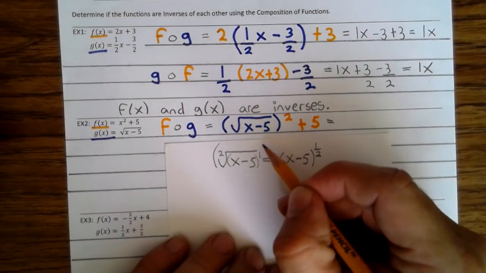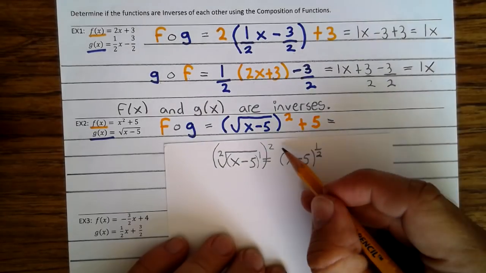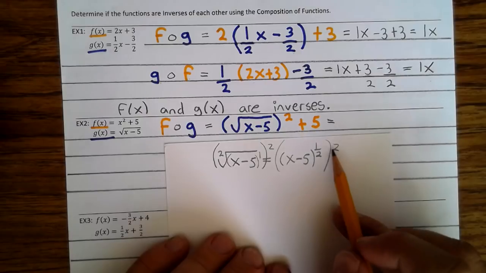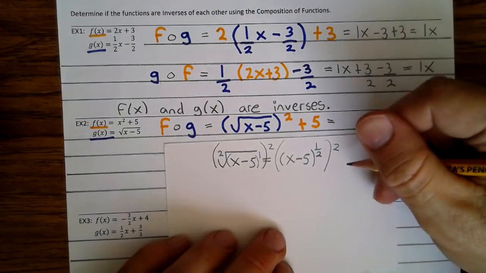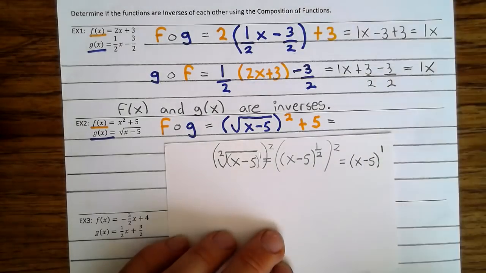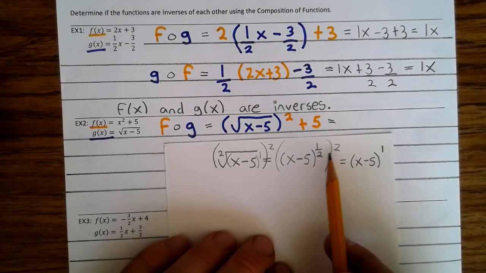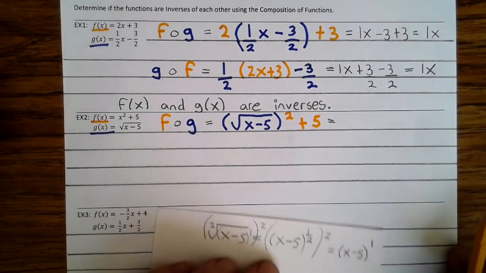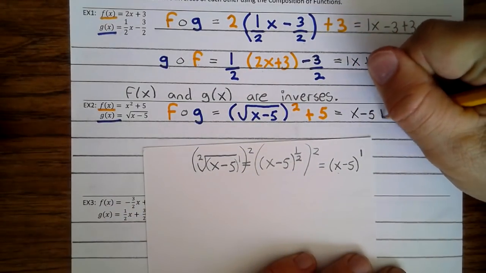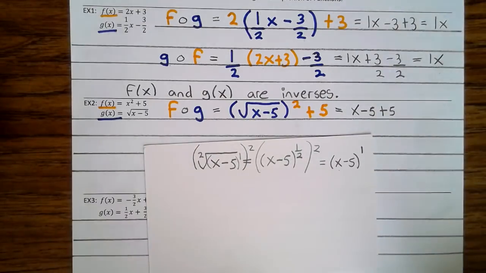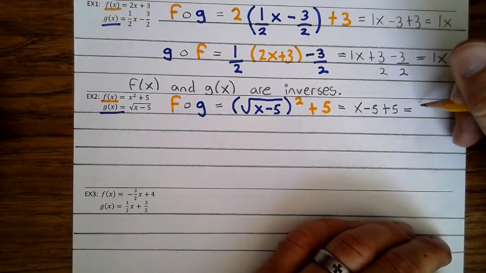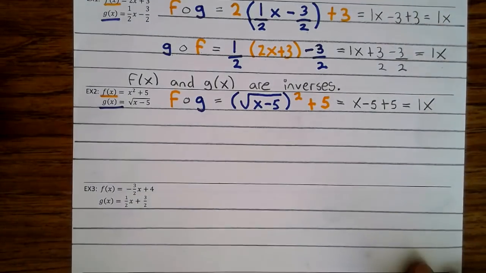If you square this, which is what we're doing, well, you multiply exponents here. So 1/2 times 2 is 1. So you have x minus 5 to the first power. So this becomes x minus 5 plus 5. Well, the 5's cancel, and you're left with 1x. So far, these could be inverses.